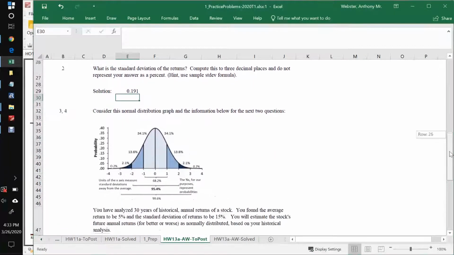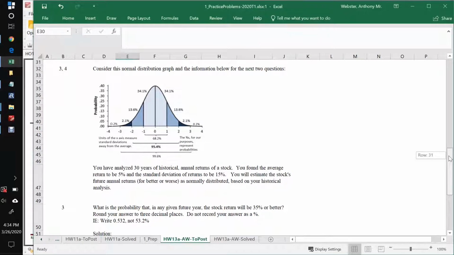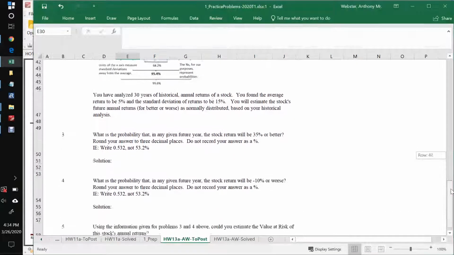Now let's go through this type of question, and using a normal probability density function graph like this is going to be important on the homework and on the next exam. So let's do a couple questions using this particular one here.